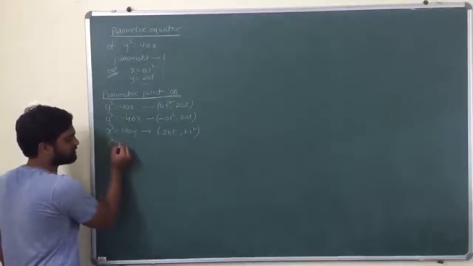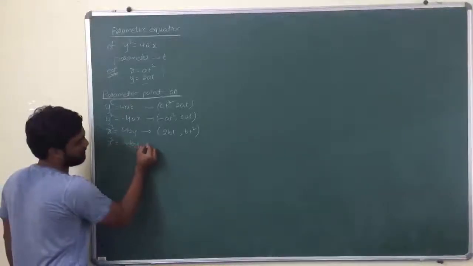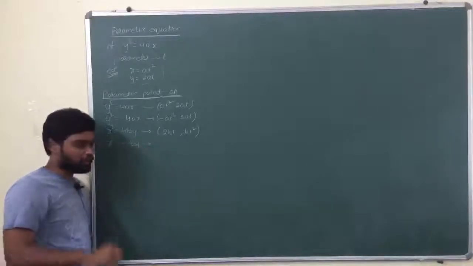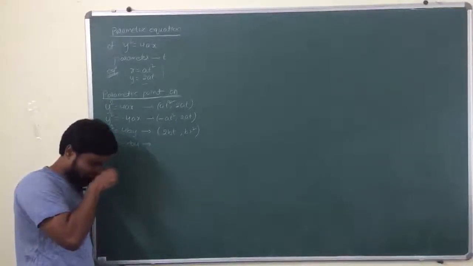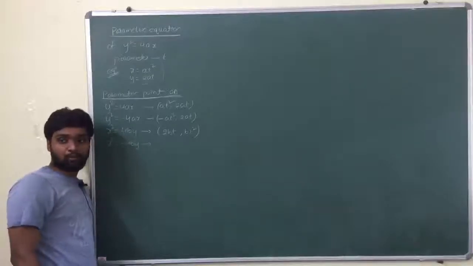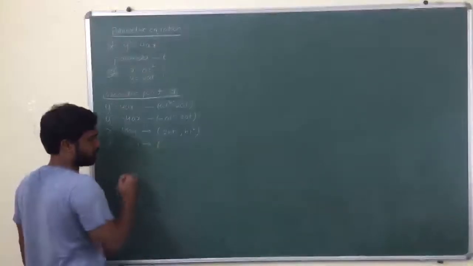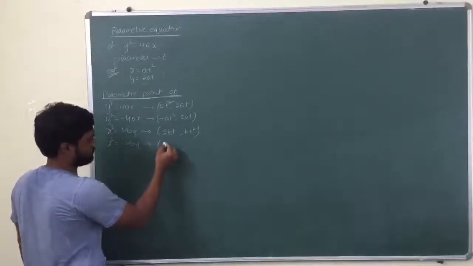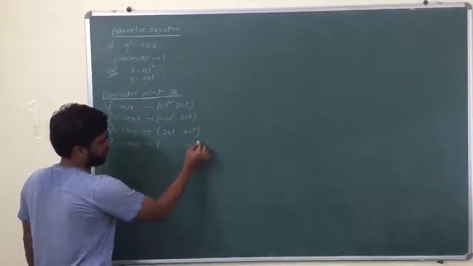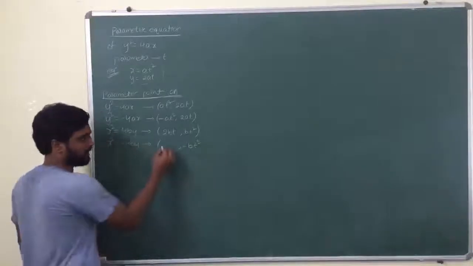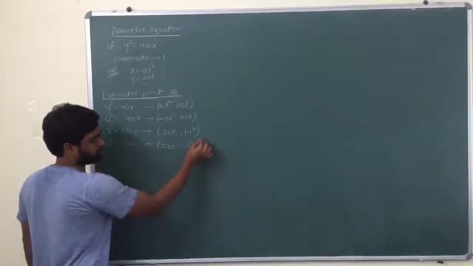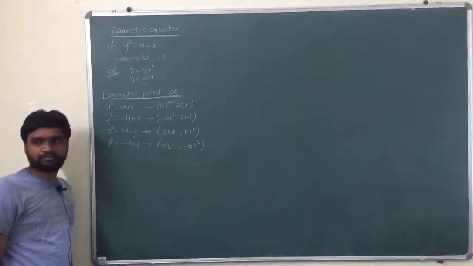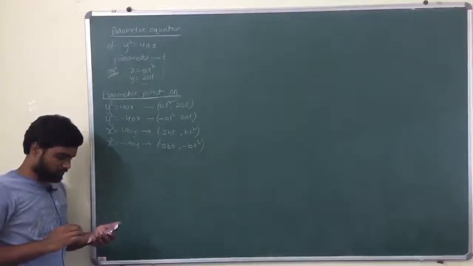Next, x square is equal to minus 4by. For this parabola, y coordinate is negative, so it is minus bt square, and then 2bt. Any doubt till here?